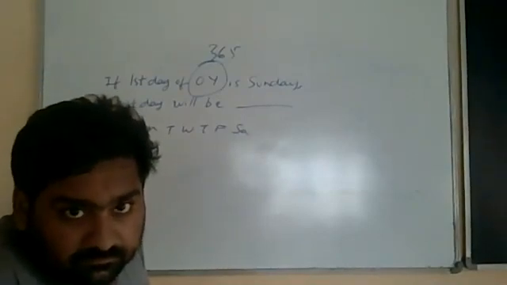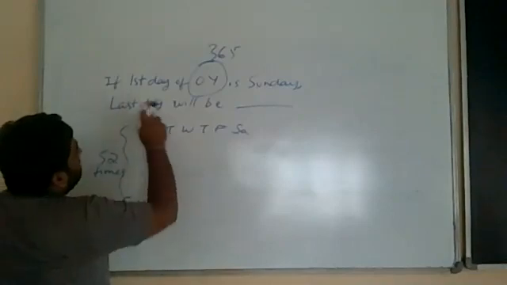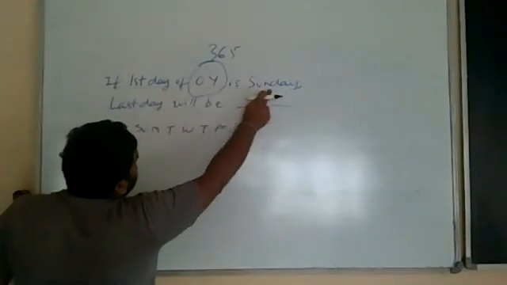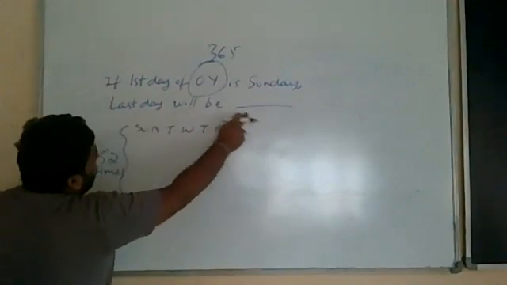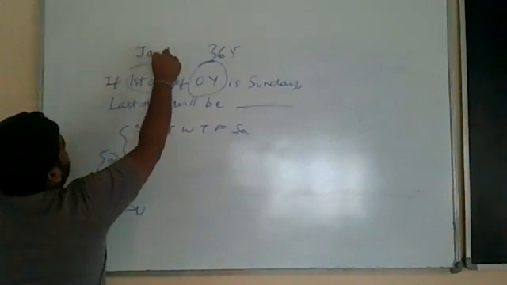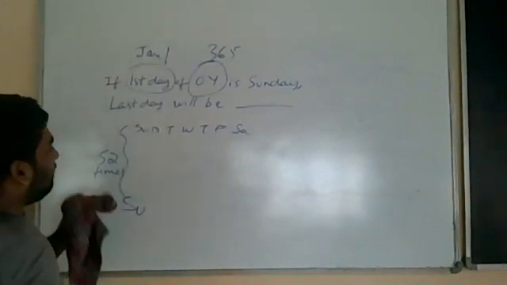Okay, see. I am telling you, if the first day of an ordinary year is Sunday, then the last day will be dash. First day means what? January 1. Correct? January 1 is Sunday.